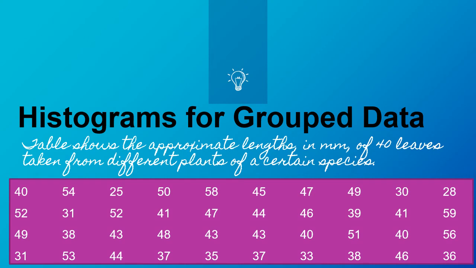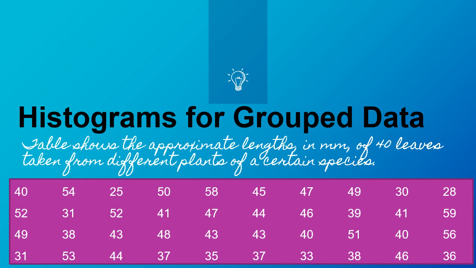So next, let's have the histogram for grouped data. In the previous section, we have learned how ungrouped data can be presented in a histogram. In this section, we will learn how to display grouped data in a histogram to allow the information to be interpreted meaningfully. The table shows the approximate lengths in millimeters of 40 leaves taken from different plants of a certain species.